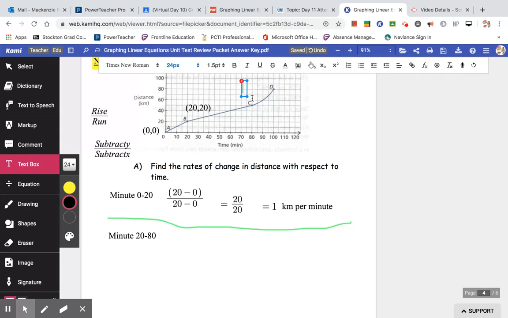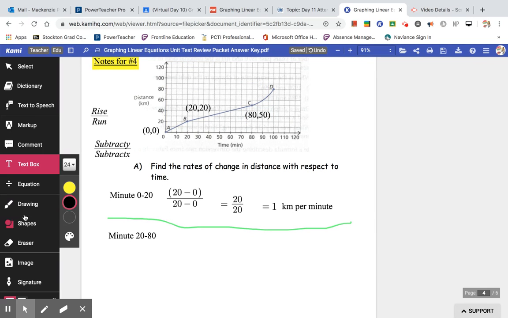The point is over 80. We went all the way over to 80, and then we go up to find it. This is between 40 and 60, but we know here that we're counting by tens, so this will actually be 50. So the point here at C is 80, 50.